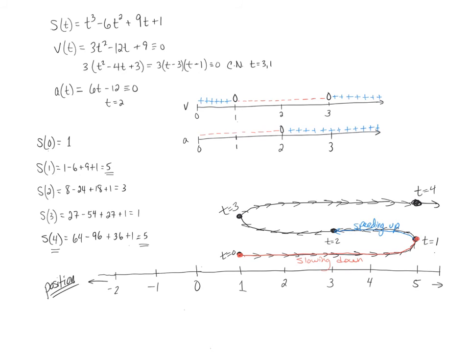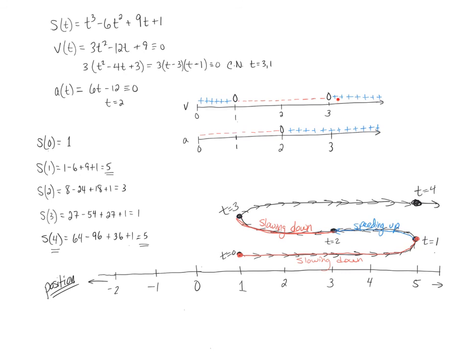And now we move to the time between t equals 2 and t equals 3. We're still moving to the left, our velocity is negative, but our acceleration is positive now. And because those two have opposite signs, that means we're going to be slowing down. So for this part of the journey between t equals 2 and t equals 3, we are slowing down, which makes sense because before we can be stopped, as we are at 3 seconds, we must have been slowing down.